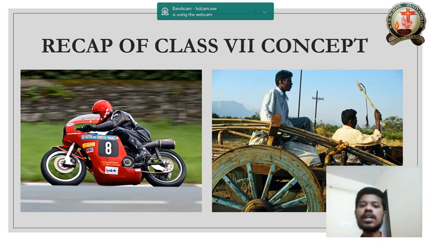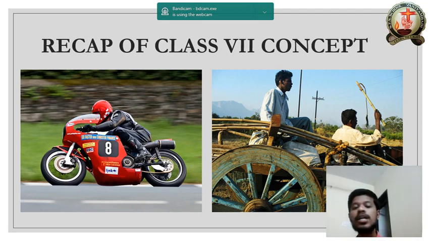Motion is nothing but an object which travels from one place to another place in a specific interval of time. Okay, so if I want to travel from Vanembadi to Ambur, if I travel in a bullock cart, it will take me nearly 2 to 3 hours, right? Depending upon the speed with which the bullock cart is riding.